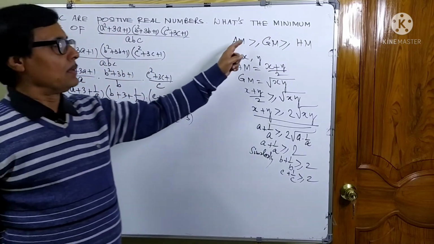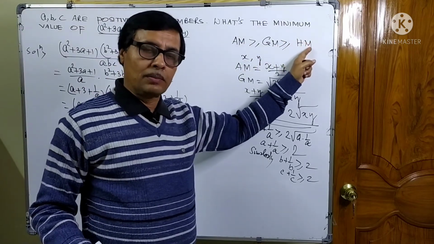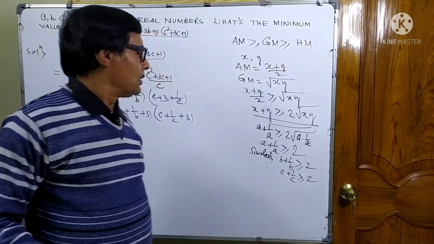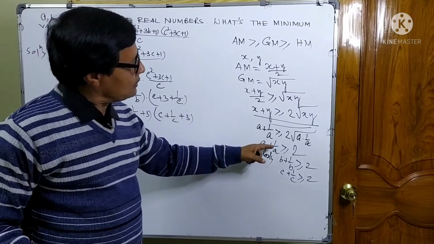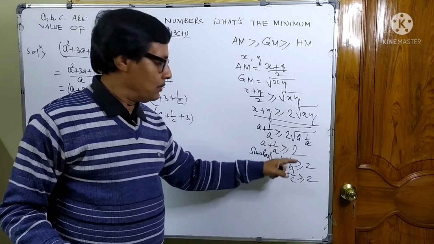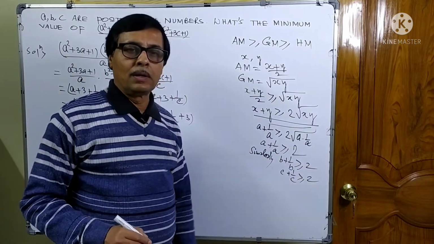So by the inequality AM ≥ GM ≥ HM, we can get a + 1/a ≥ 2, b + 1/b ≥ 2, c + 1/c ≥ 2.